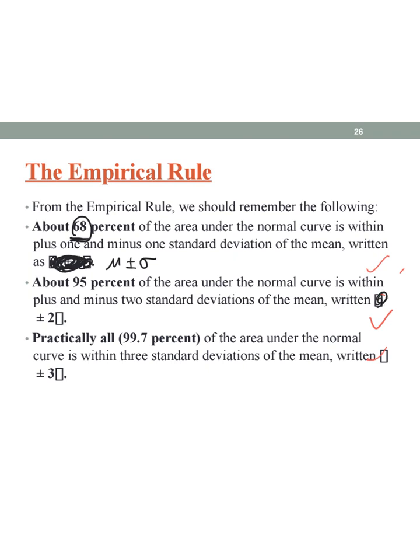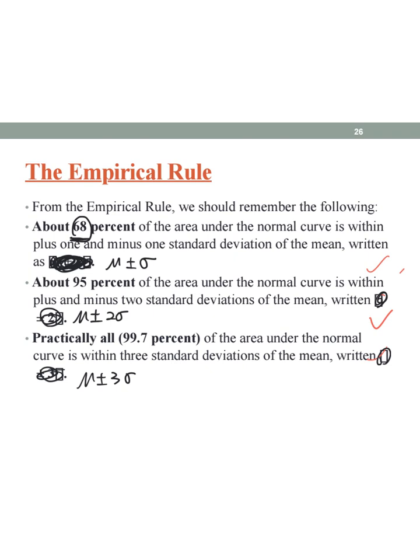For this part, that is mean plus minus 2 standard deviations. This part is mean plus minus 3 standard deviations. I imported the slide into an app and I don't know why the formula doesn't show up. So you could download the PowerPoint on Blackboard, and it will show the formula.